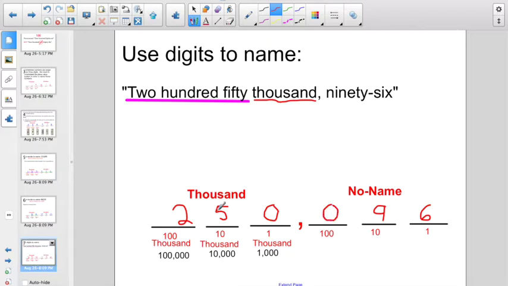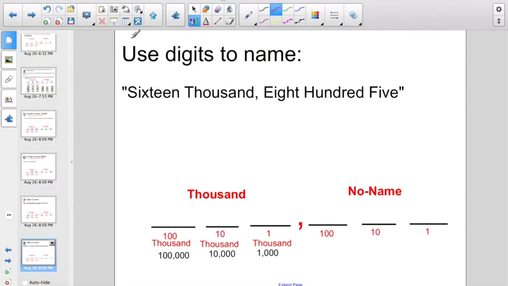But because I started writing numbers, every single place must have a digit in it. So don't forget, if you don't have that number represented, you have to write in a 0. 250,096. Let's try it again.